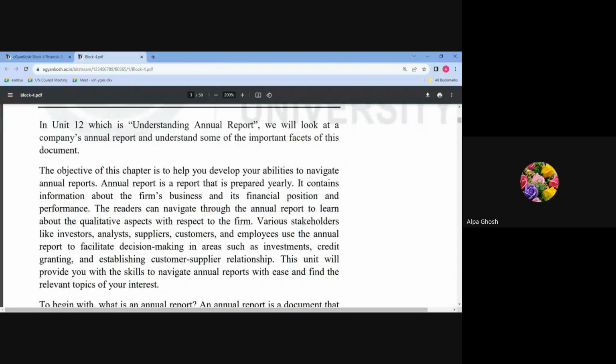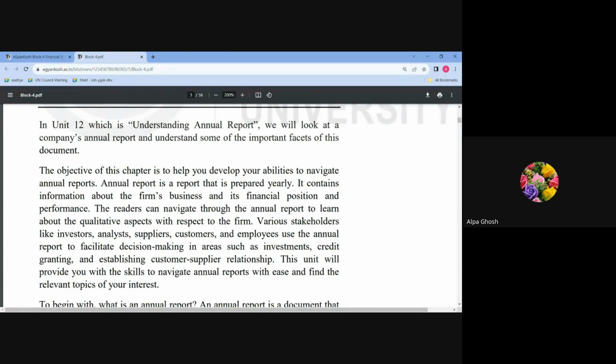Now, when we need to find the financial position of a business, whether the company is in profit, loss, what is the position of its assets, liabilities, what is the expenditure made throughout the year, what is the income received throughout the year, this all is summed up, and then presented in the form of annual report. So mostly annual report is prepared yearly. It contains all the information about the business of the firm. I told you it reveals the financial position and performance of the company.